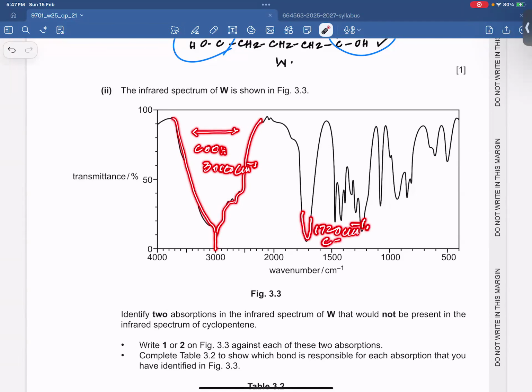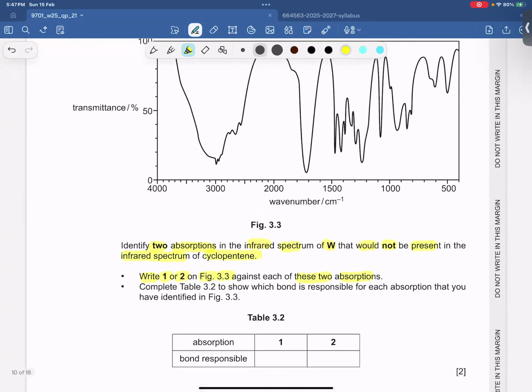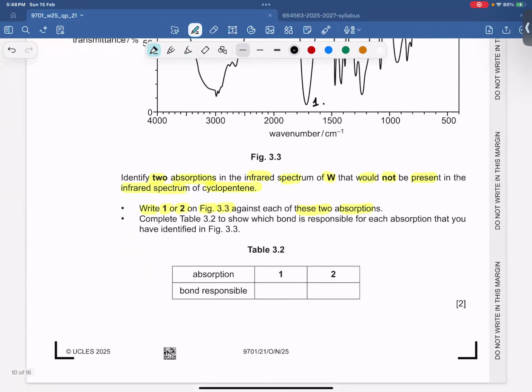This means it shows a carbonyl group. So I hope it makes sense to you what sort of infrared spectrum is given. Let's read the question first. Identify two absorptions in the infrared spectrum of W that would not be present in the infrared spectrum of cyclopentane. Write one or two on figure 3.3 against each of these two absorptions. This is one, and that represents carbonyl.